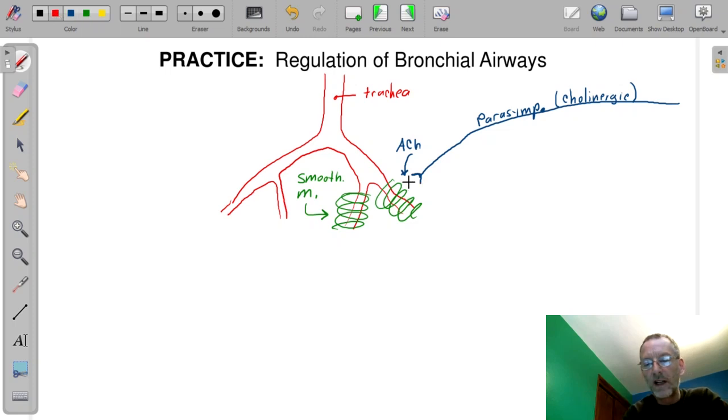And then we will put a receptor, doesn't matter what shape it is, but we need to call it a muscarinic receptor.